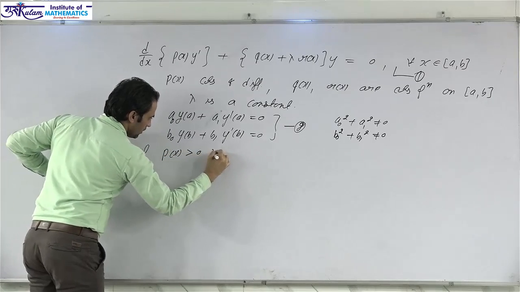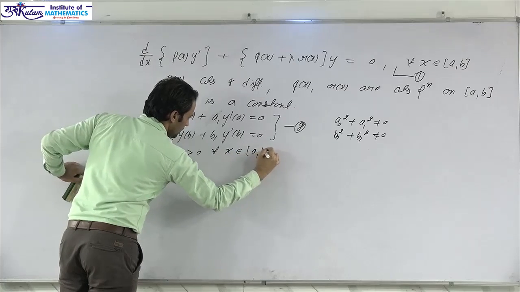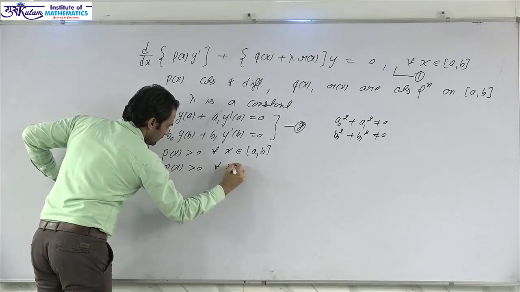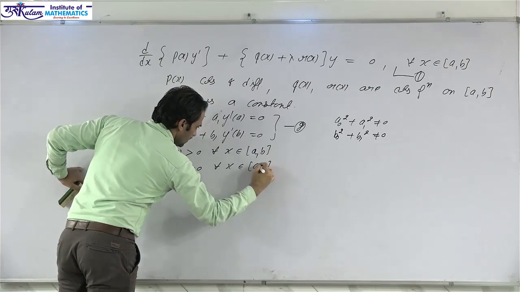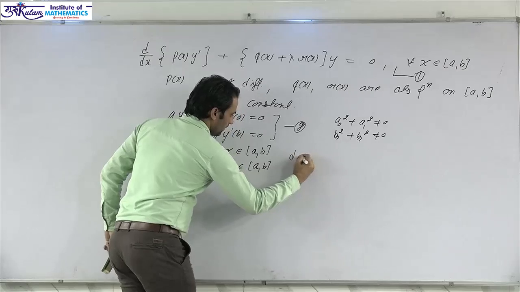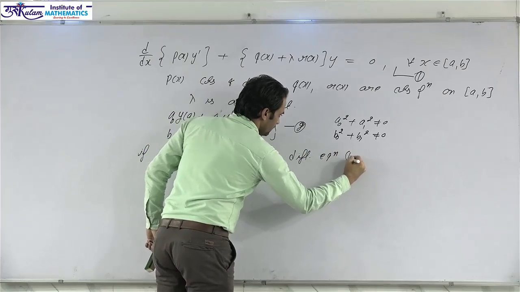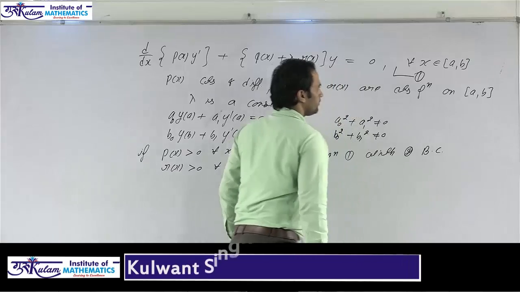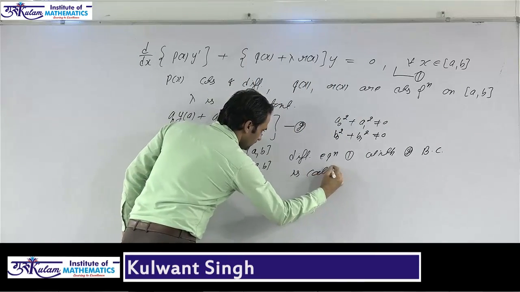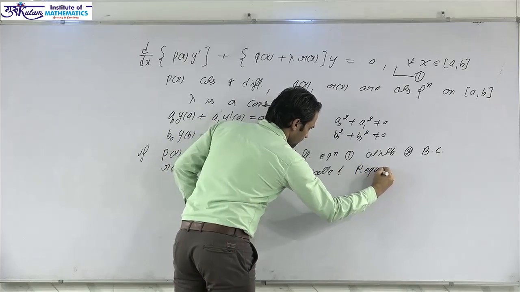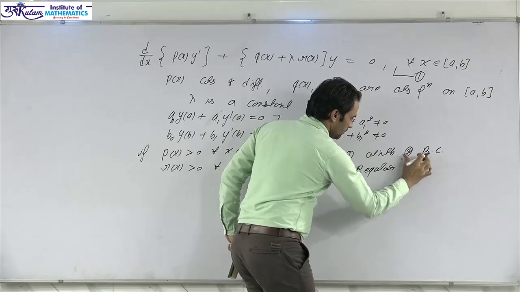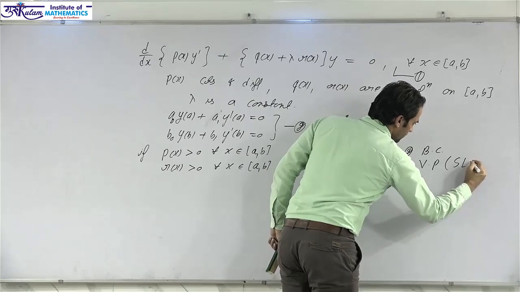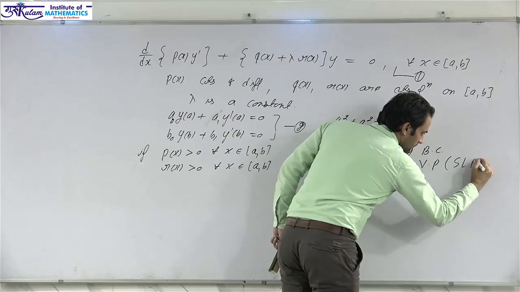and if p of x is greater than 0 for every x belonging to the closed interval a b, and r of x is also greater than 0 for all x belonging to the closed interval a b, then the differential equation 1 with the second boundary condition is called a regular boundary value problem, or we also say it is an SLP, Sturm-Liouville problem.